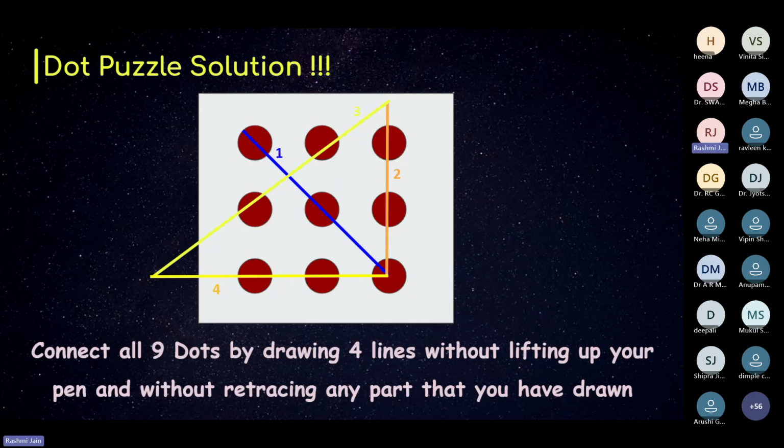Writing a research paper is easy, but writing a patentable research paper takes effort, and doing something industry applicable is difficult. If we want to go to that stage, we need to move out of our comfort zone. That's what this puzzle shows us.